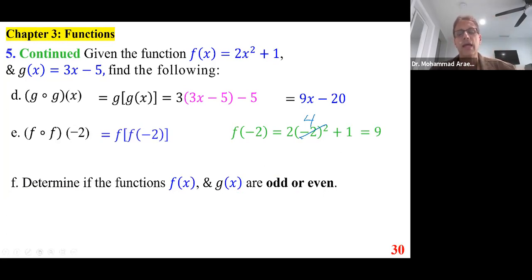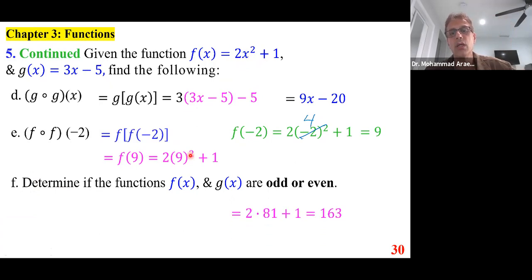Therefore, we are looking at f of 9. So you are going to replace the 9 here. This is 81. So 2 times 81 plus 1 gives you 163.